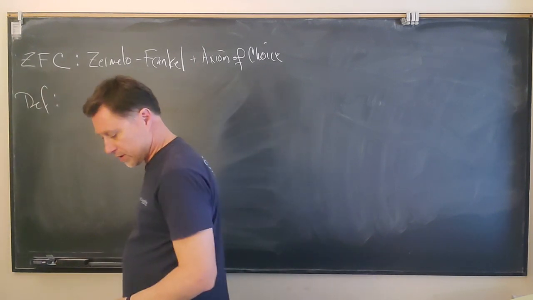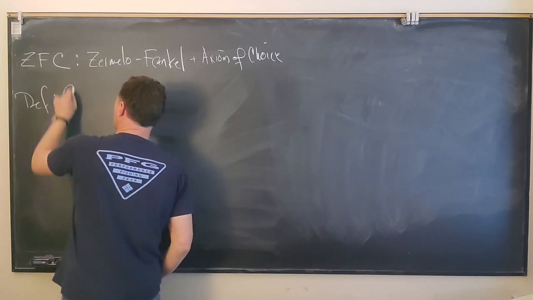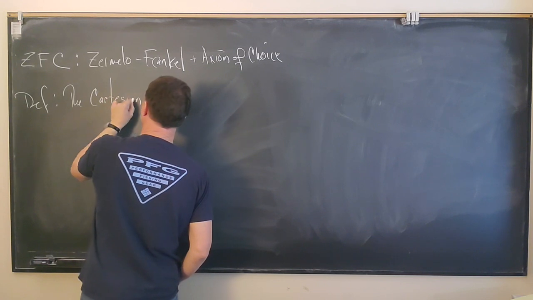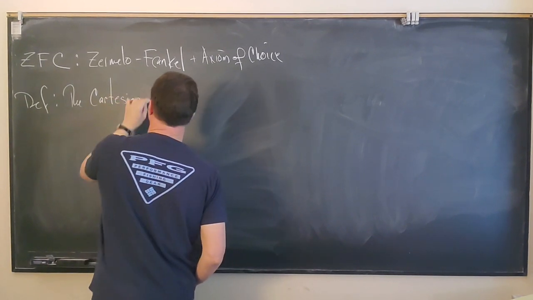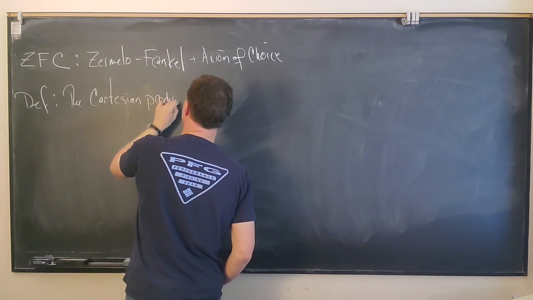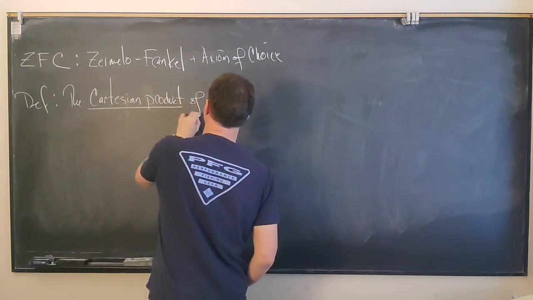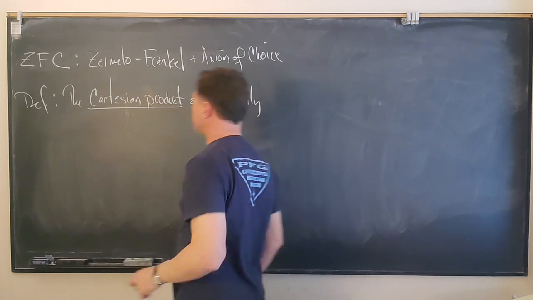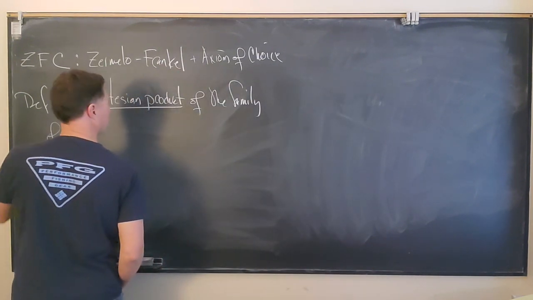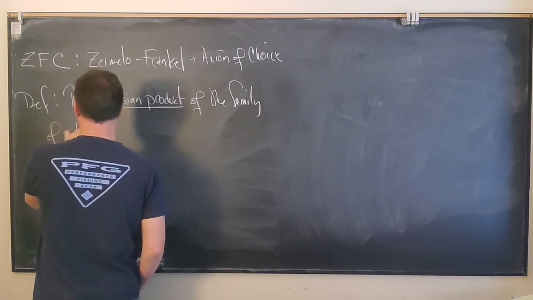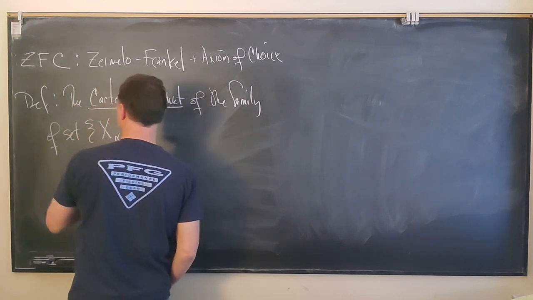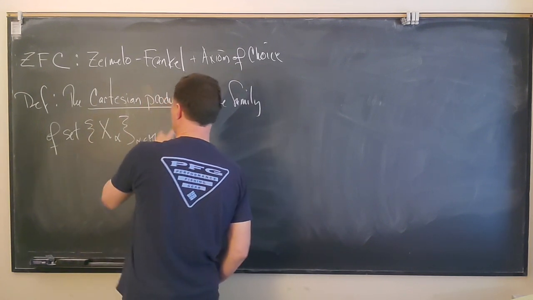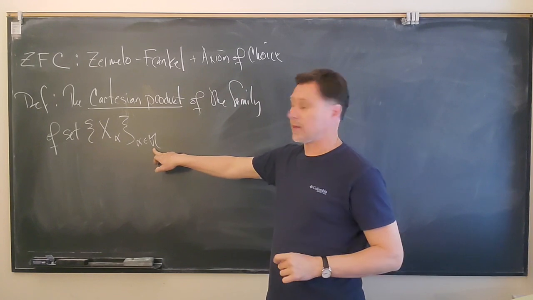So our first definition, the Cartesian product of the family of sets. I'm going to take a collection of sets X sub alpha indexed by some indexing set script A. That's a script A right there.